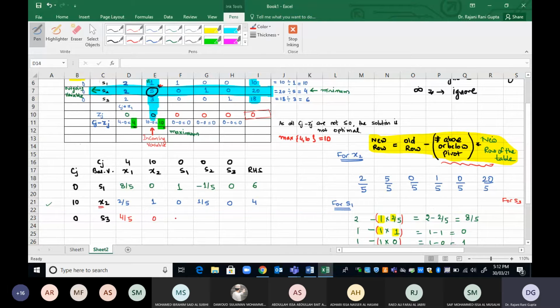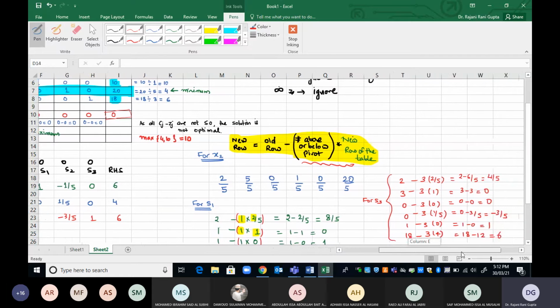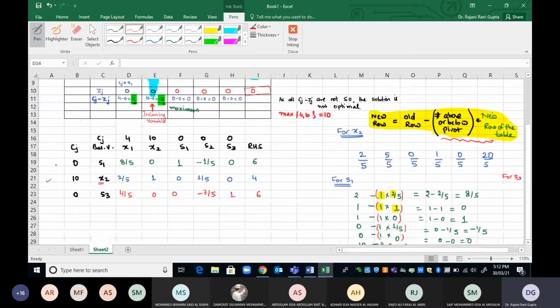Okay, now again calculate Zj. Remember how we calculated Zj? We multiplied 0 with this, 10 with this, 0 with this, and then added these numbers. Now in this case, you see that for x2 we have 10, which is not 0. So here, unlike table 1, we will get non-zero numbers.